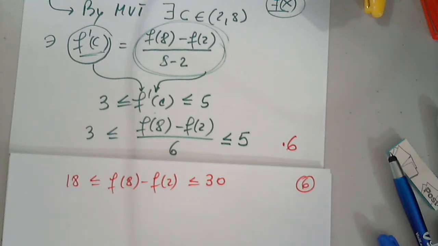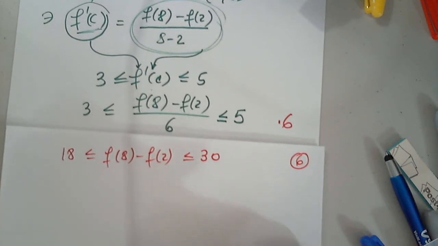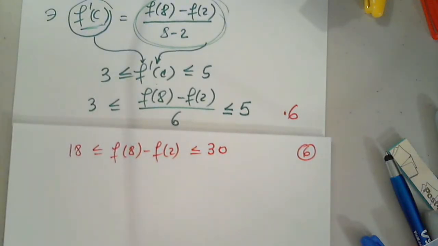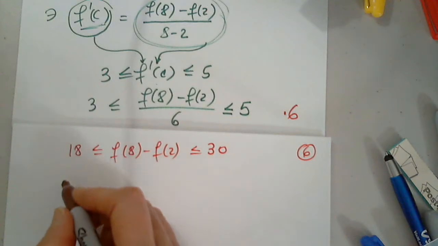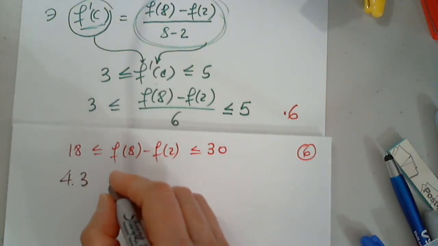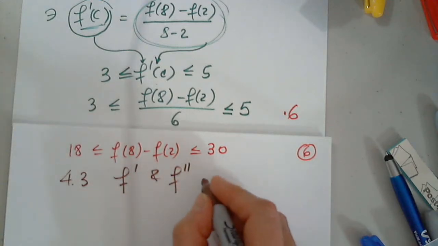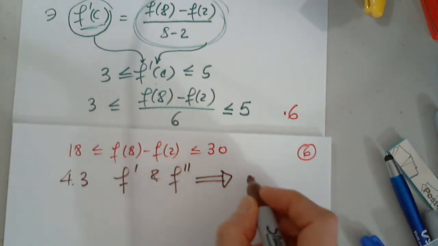Okay, so I would like to continue then with 4.3. And for 4.3, we already have the groundwork done. 4.3 deals with the first derivative and the second derivative and what they say about the function.